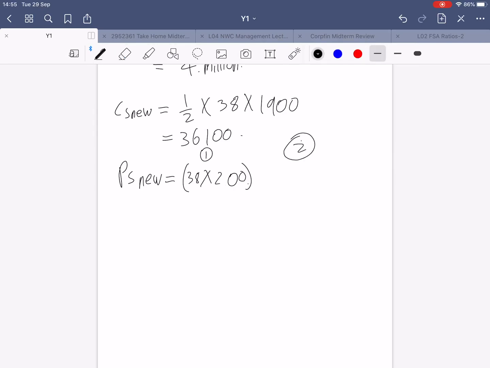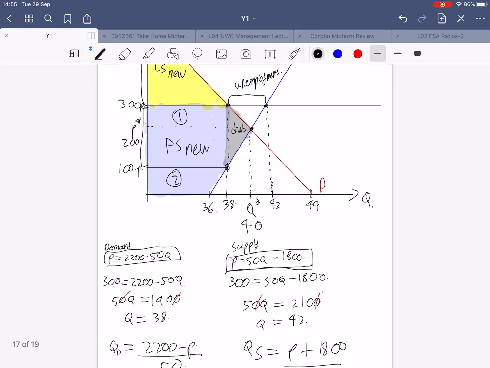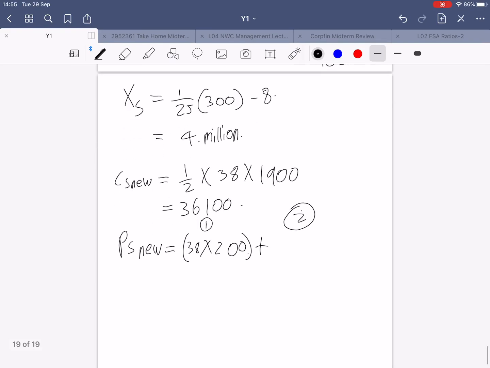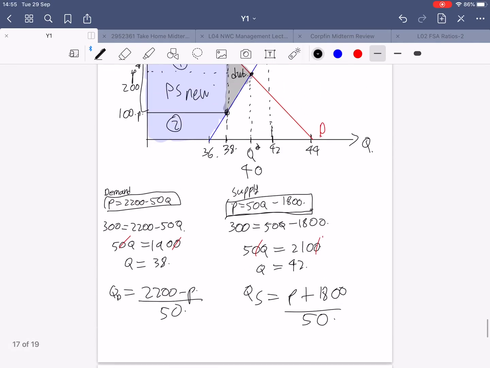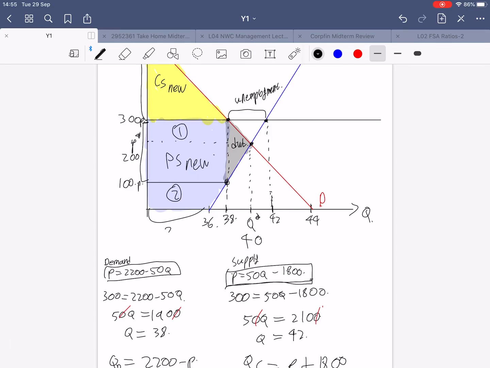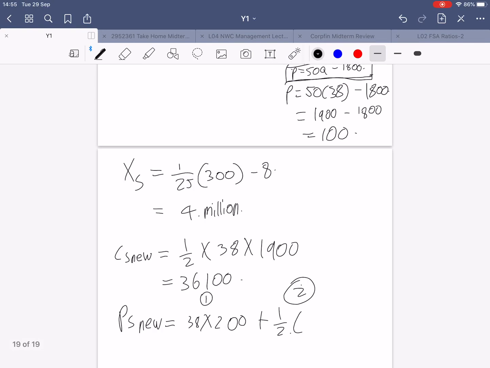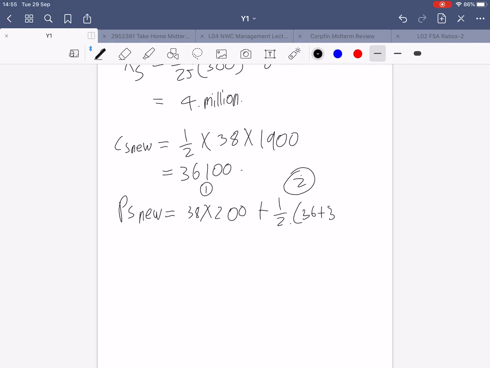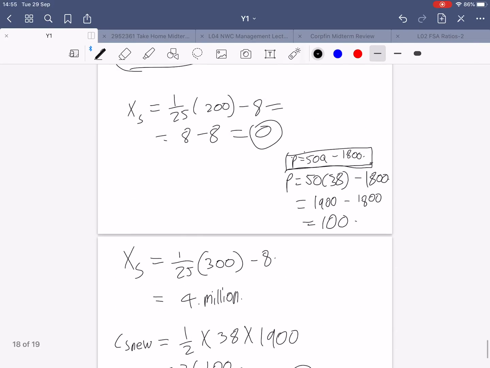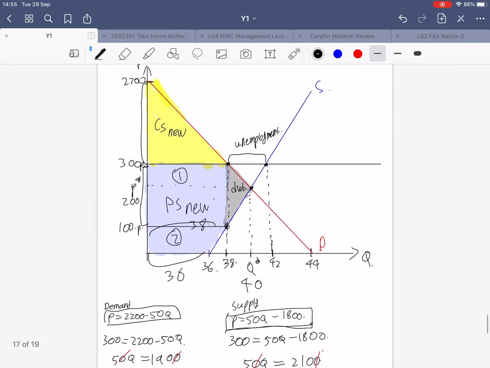Okay, so for figure 2, we're going to use 1/2 times the bases, which are 36 and 38, so 36 plus 38, times the height, which is 100.